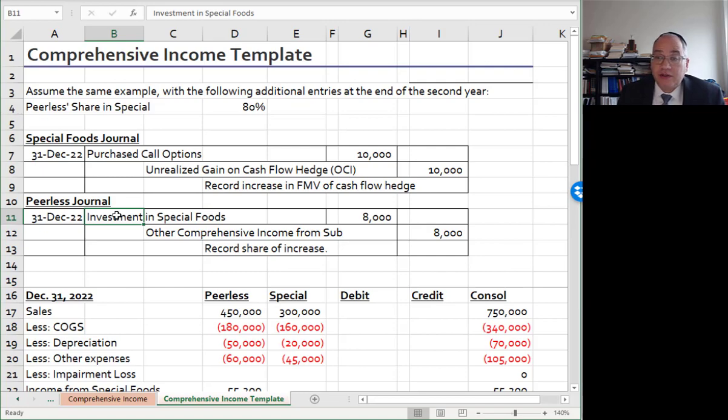Peerless owns 80% of Special Foods, as you know, so Peerless will increase their investment in Special Foods by 80% of $10,000, or $8,000. The credit is not to income from Special Foods, it's other comprehensive income from Special Foods. It needs to be classified separately.